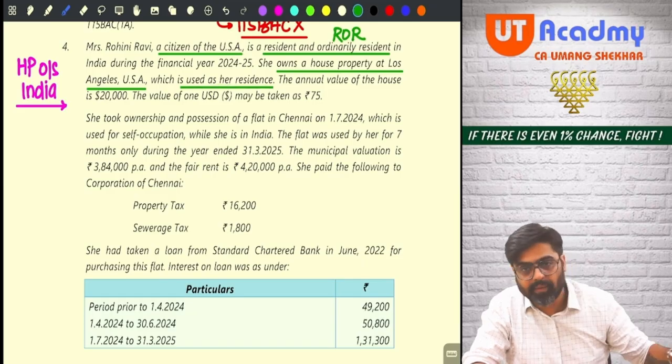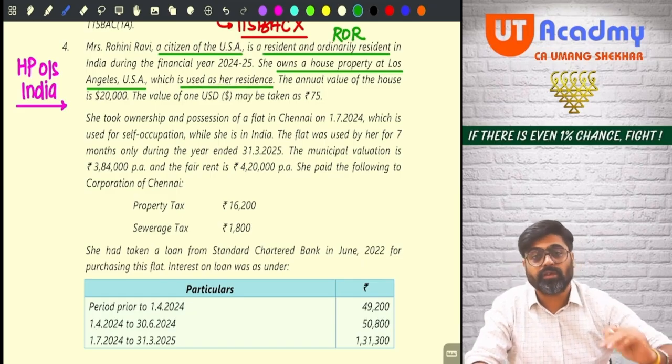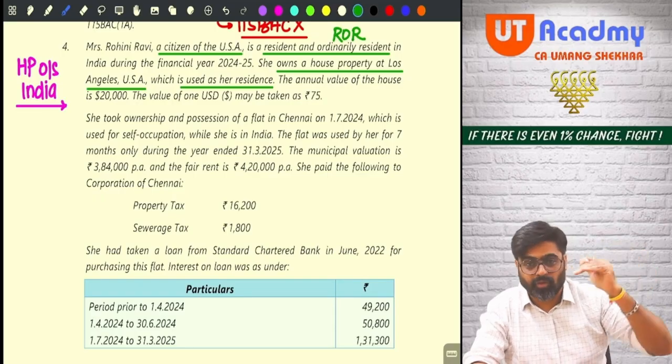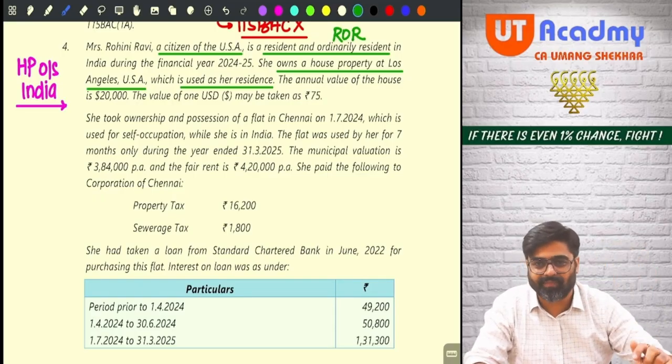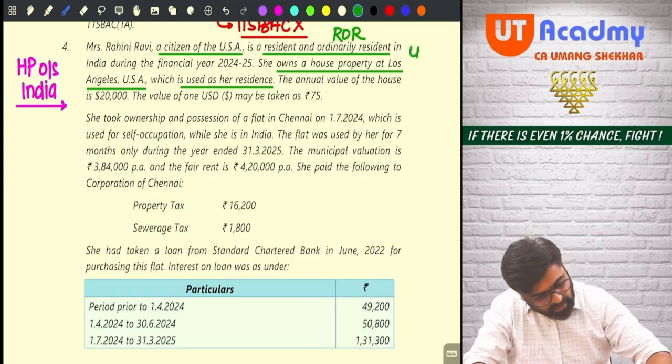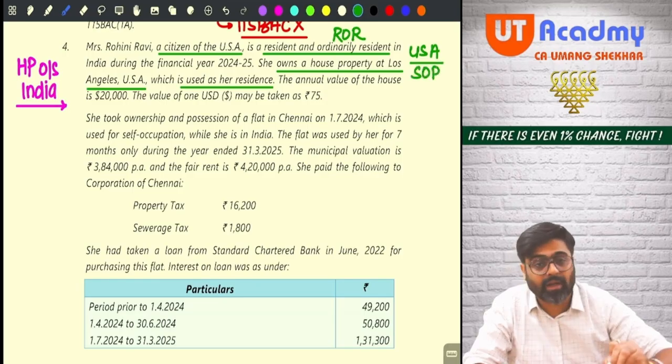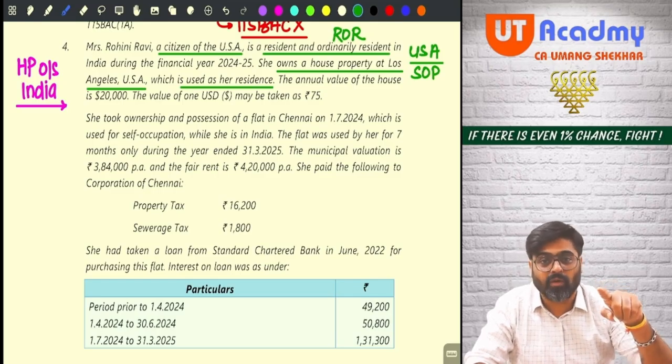Can I say this house, which is in USA and used as her residence, is her SOP? So the USA house is SOP for her because she is using that house for her own residence. So she can take the annual value of this house as exempt.